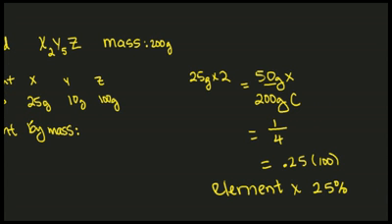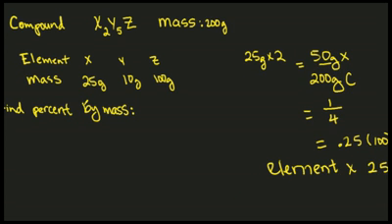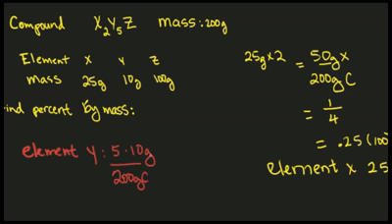Okay? So if we were to do the same thing for element Y, for instance, or Z, there's 5 of the 10-gram units of Y, and then we have 200 grams of the compound.